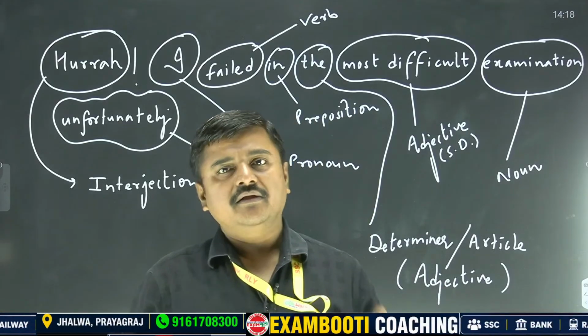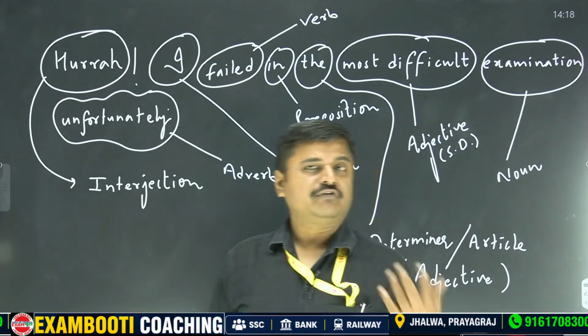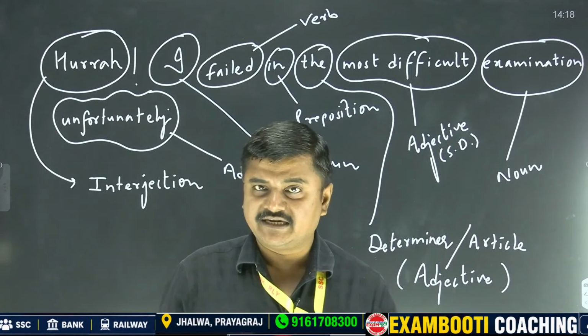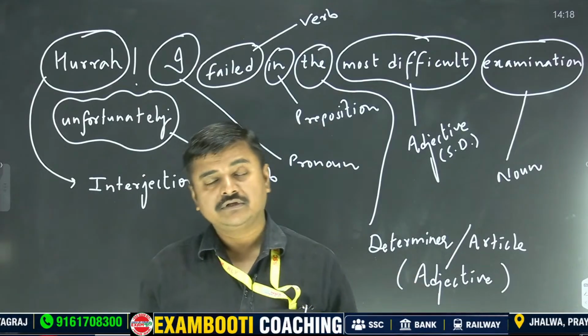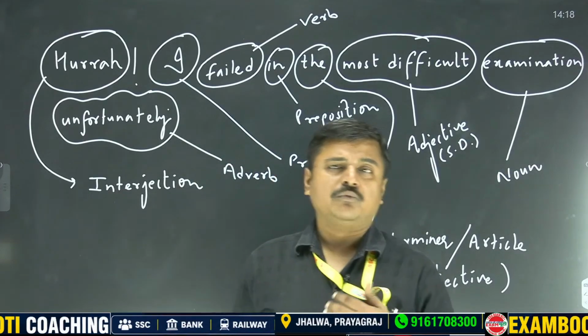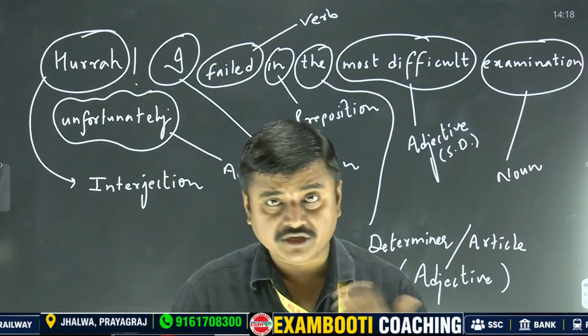There may be 1 or 2 functions. There may be 3 or 4 functions. There may be all the 8 functions in a sentence. There may be 1 or 2 nouns, more than 2 nouns. Yes, it is possible. There may be 1 or 2 or more than 3 prepositions. There may be more conjunctions.